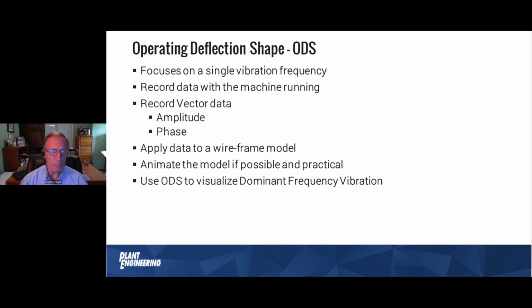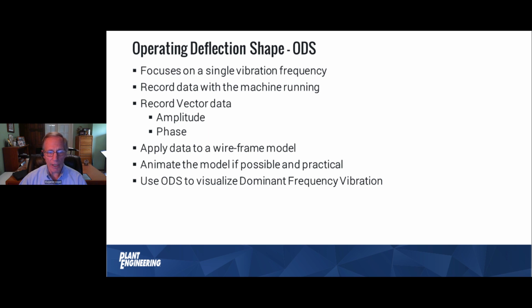Operating deflection shape focuses on a single frequency of vibration. The analysis is done with the machine running, so it's the vibration generated by the machine itself that we're looking at. We record vibration data, both amplitude and phase. That's vector data. If you have amplitude and phase, you have an amount and a direction. You've got a vector.